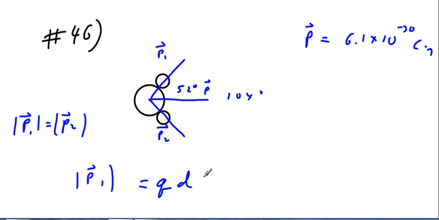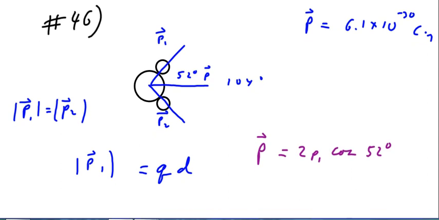Now, from our picture, we can get that P has to equal 2 P1 cosine 52 degrees, because there's two of them.